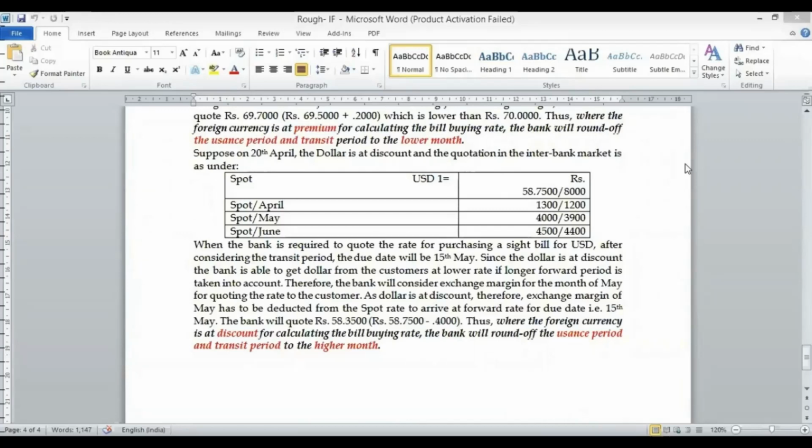And if forward rates are available at discount, then usance period and transit period will be rounded off to the higher month.